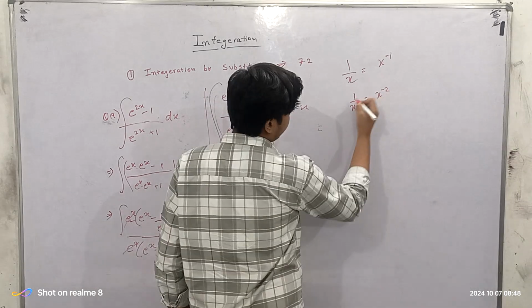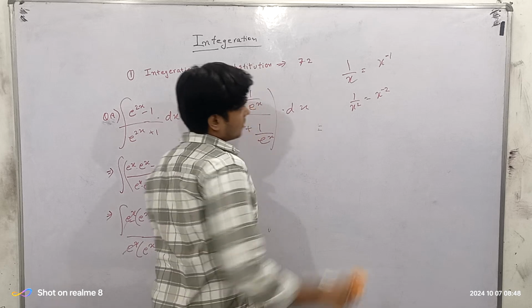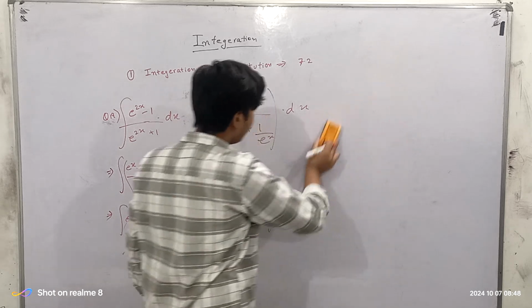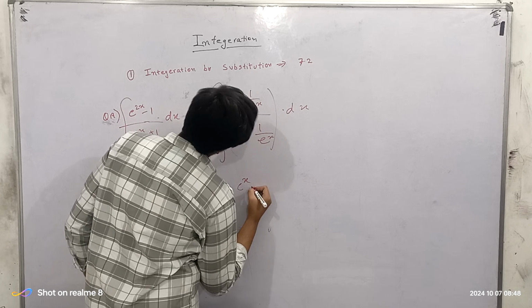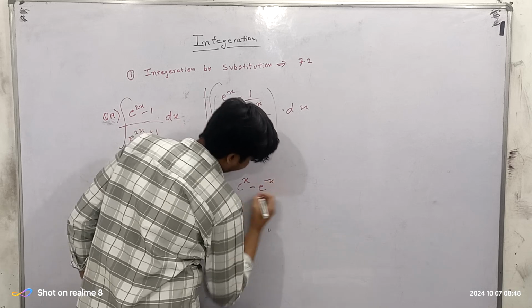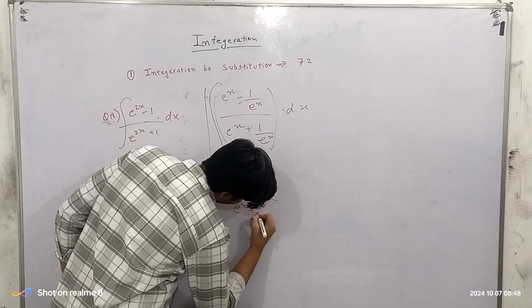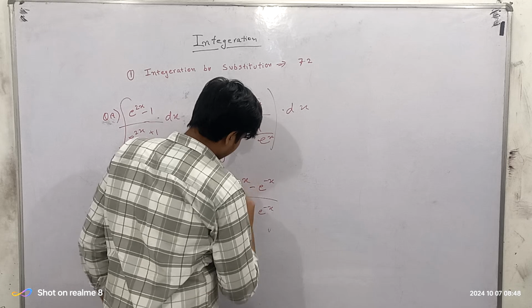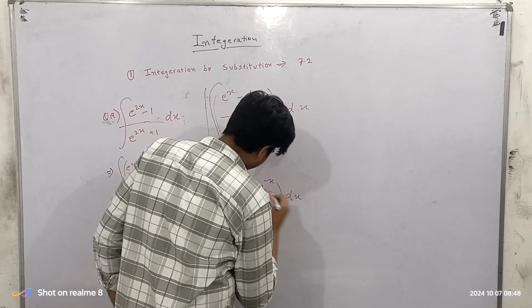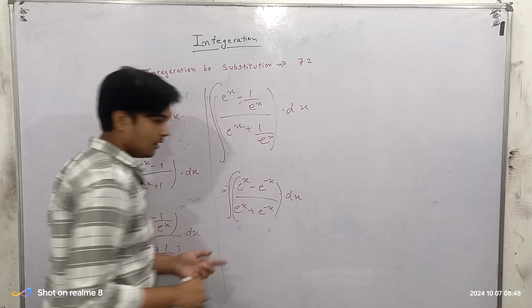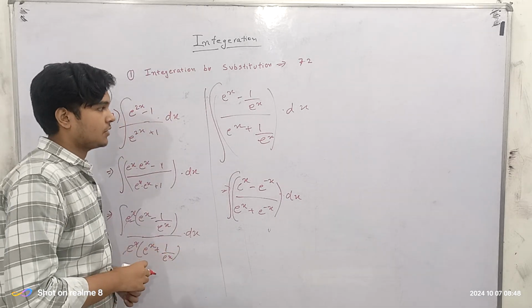So here 1 by e to the power x will be written as e to the power minus x. So the integral of (e to the power x minus e to the power minus x) by (e to the power x plus e to the power minus x) into dx. This is the solving of the question before the substitution.